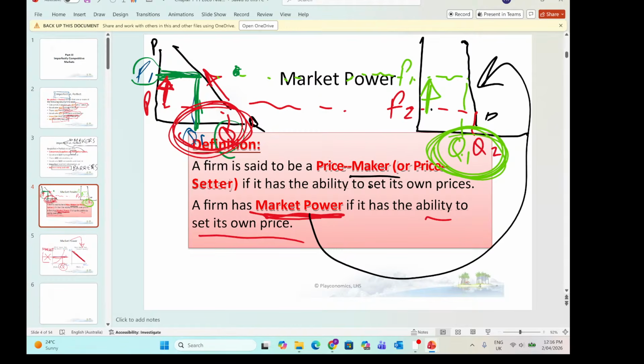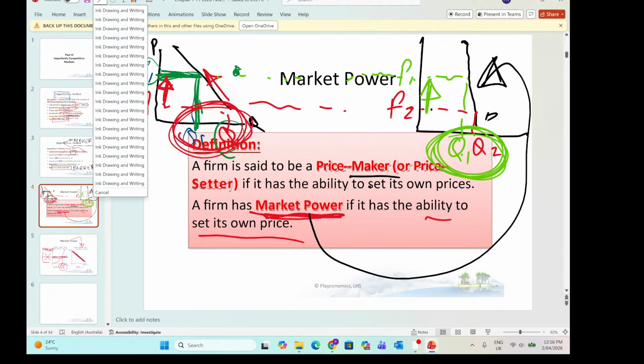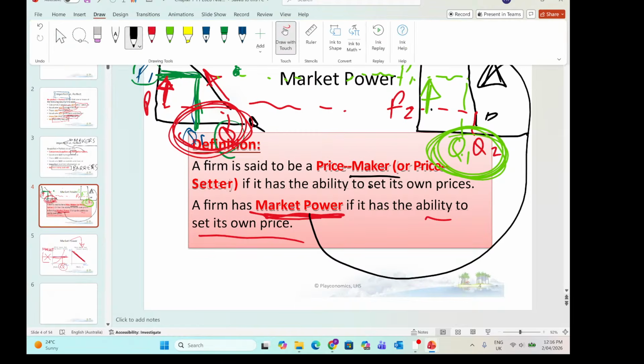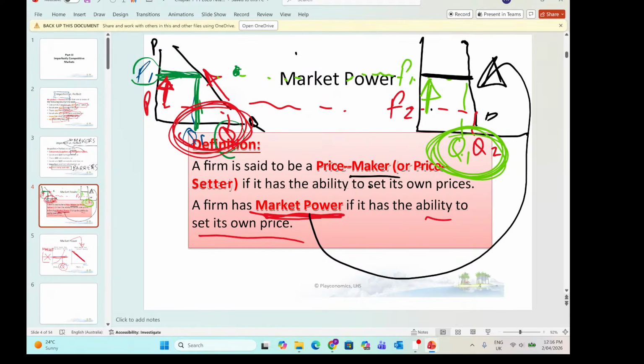It has more market power here because when it raises the price, it loses a comparatively small amount of quantity demanded. And you can see in terms of its revenue, when it raises its price, it gets a new price shown by the black line, new quantity shown by the black line. It gets that revenue.